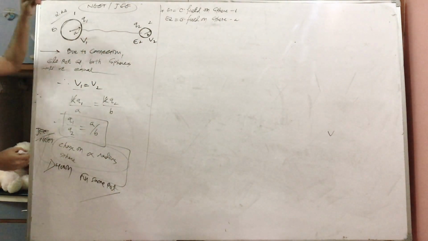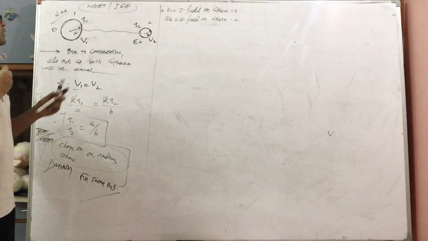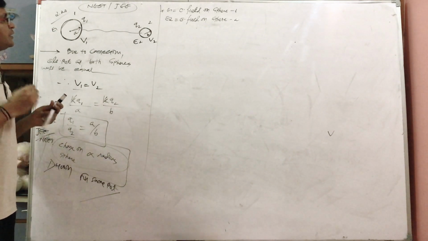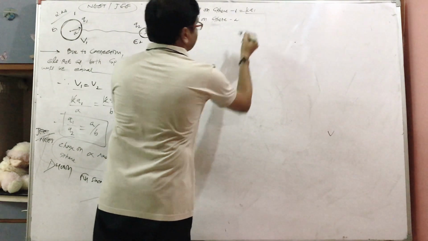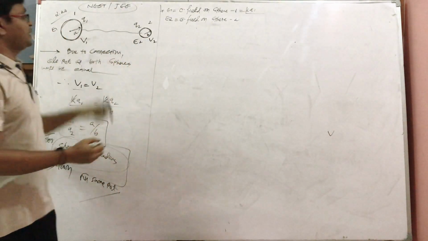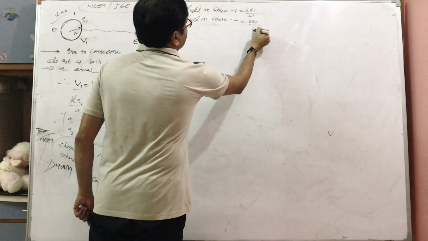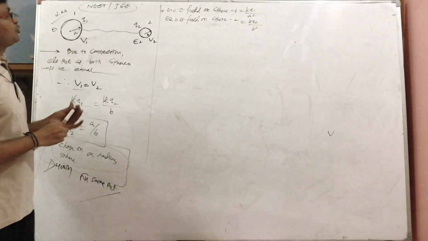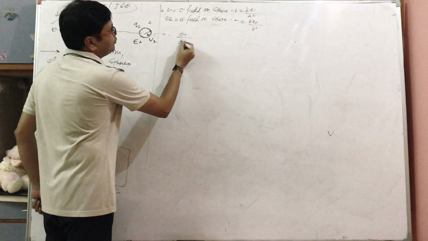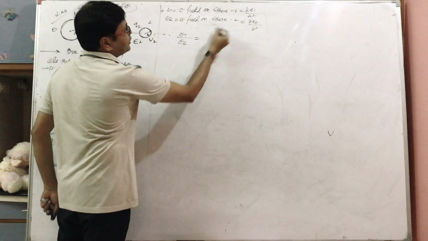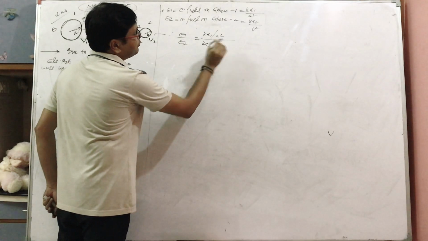If the charge is considered at the center, then the electric field due to the charge is KQ/R square, but here A square. So KQ1/A square, and here KQ2/B square. These are the electric fields on both spheres. If you take the ratio, E1/E2 is equal to KQ1/A square upon KQ2/B square.